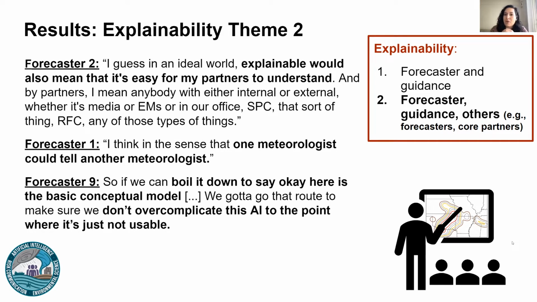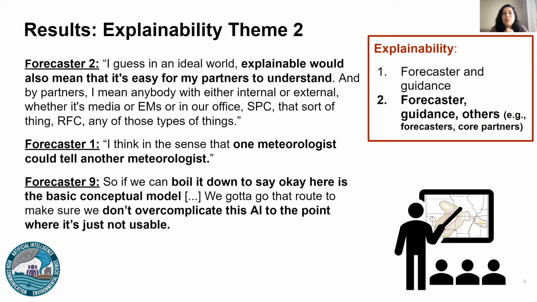And we also have forecaster 2. They said, explainable would also mean that it's easy for my partners to understand. Again, that point that we had earlier. Forecaster 1, one meteorologist could tell another meteorologist. So it's not just partners to external partners, it's internal to the weather office. Can you explain it to someone sitting next to you?